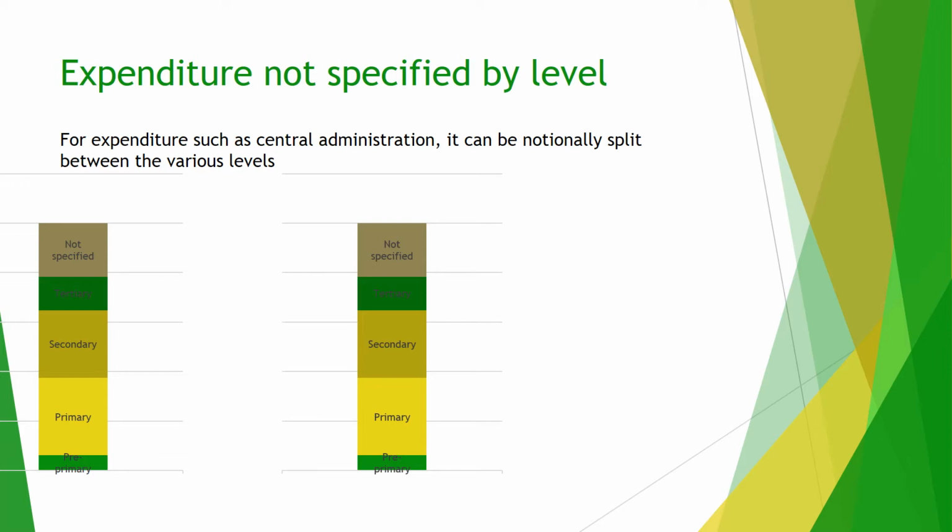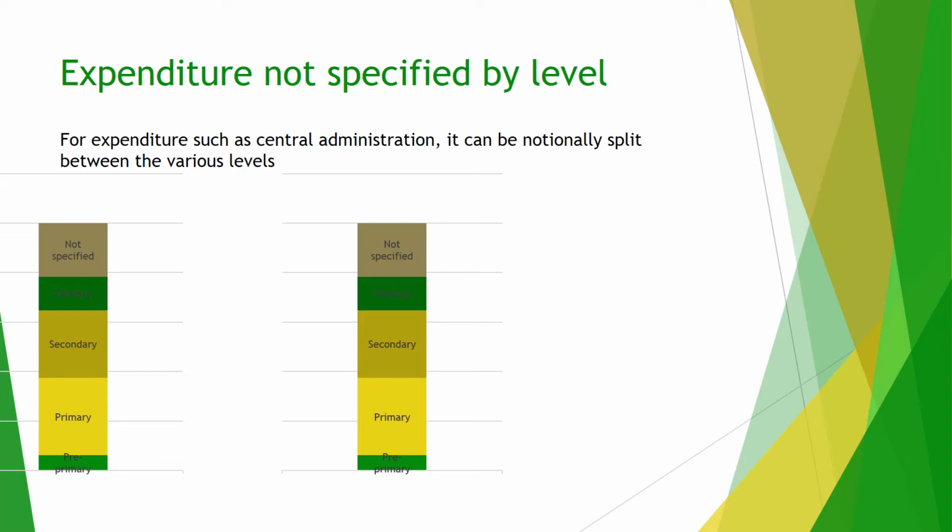For a large part of education expenditures, we know that those teachers, those learning resources are for a specific education level. But for instance, for central administration, it's difficult to say that it's more for primary or for secondary or for higher education.